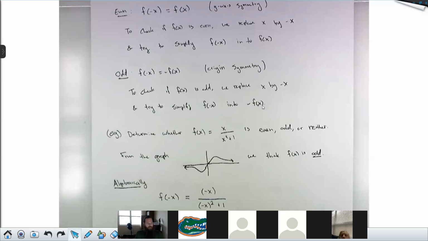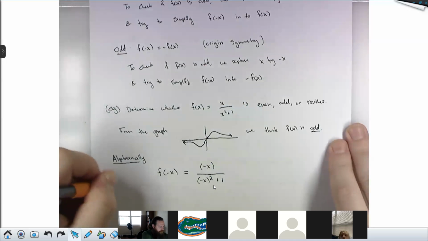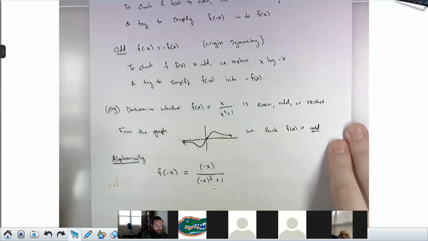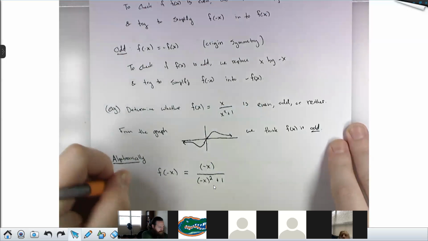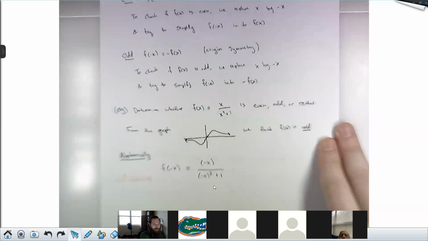All right, who can help me simplify this? What is this down here? Negative x all squared. Well, it's negative x times negative x, right? When you square something, you're multiplying it by itself.